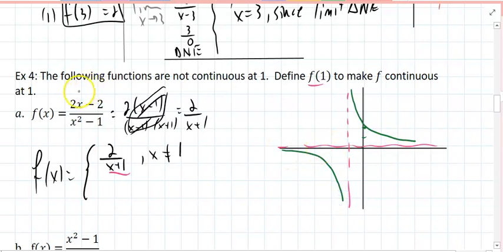They're saying the following function is not continuous at 1. Why is it not continuous at 1? Because we have a hole. When you cancel x minus 1 out, you put 1 in there. The point 1, 1 is a hole. So at 1 it's not continuous.